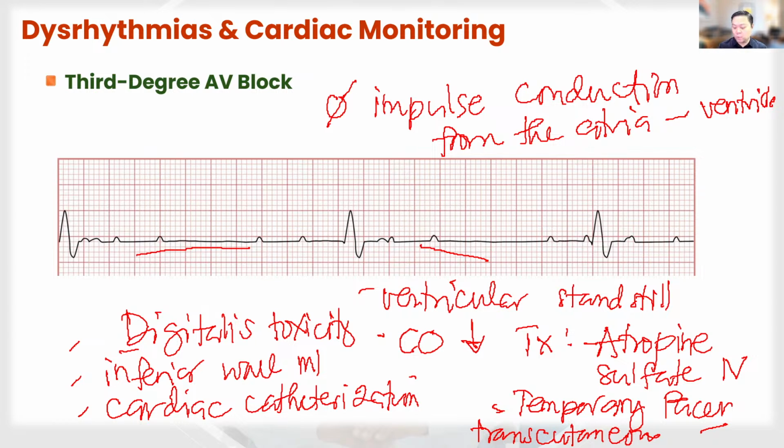So make sure that we are looking into the heart rhythm continuously and treating that with atropine sulfate to prevent more complications. So again, your patient's level of consciousness will be assessed here. This is very important, as we know that if there is decreased cardiac output, it can alter the patient's level of consciousness. It can also decrease the blood pressure. So we're going to make sure we are monitoring the patient every now and then.